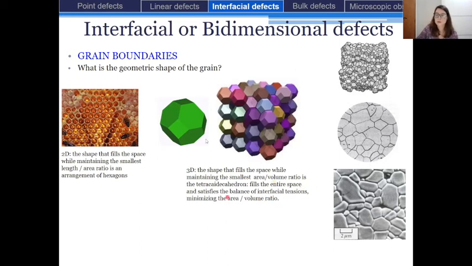So in this way, all the grains succeed in filling the entire space and satisfy the balance of interfacial tensions while minimizing the area to volume ratio, so minimizing the superficial area, and so the grain boundary area.